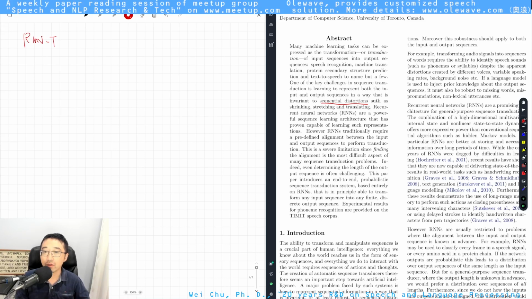Recurrent neural networks, which were not invented by Dr. Graves, are a powerful sequential learning architecture. But before this work, to train the RNN, it somehow needed a predefined alignment between the input and output, so they can do the transduction.